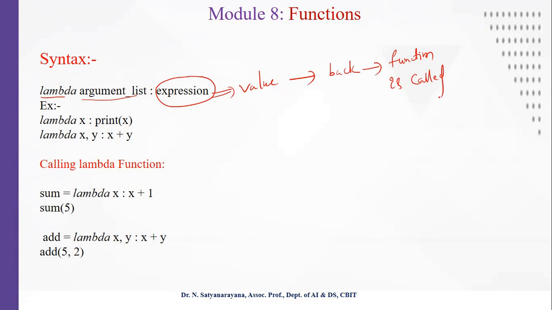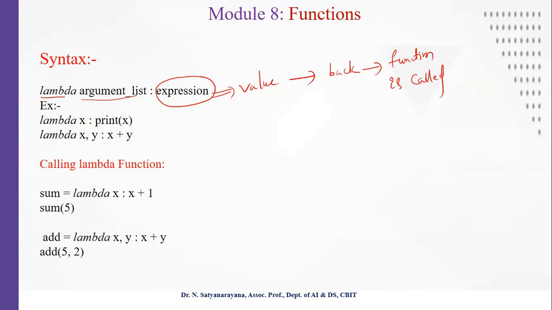The lambda functions are used with map, filter, and reduce methods, where the methods are expecting a function as an argument. There we actually see the advantage of the lambda function.